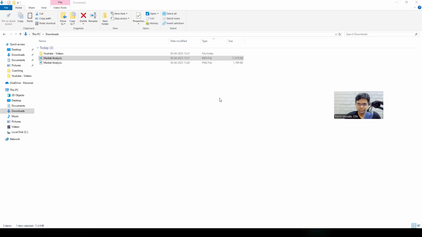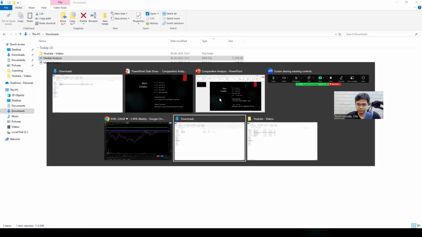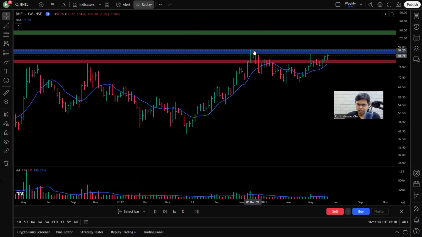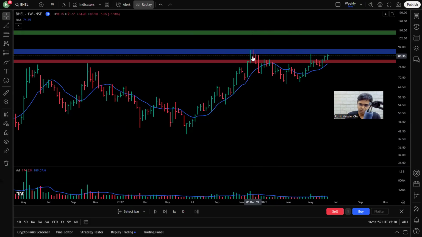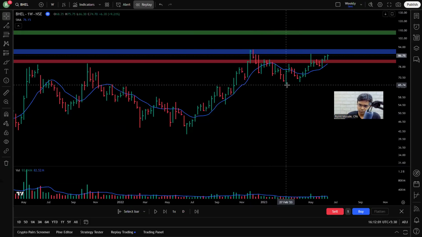So in this case, the stock fell from December 2022 till 27 February 2023. So you go to the Nifty chart and check from December 2022 to February 2023, what was the correction in the Nifty, or whether there was a correction in the Nifty.